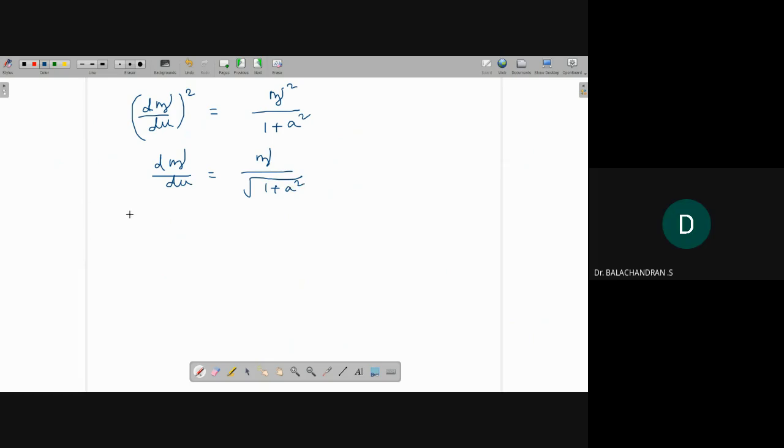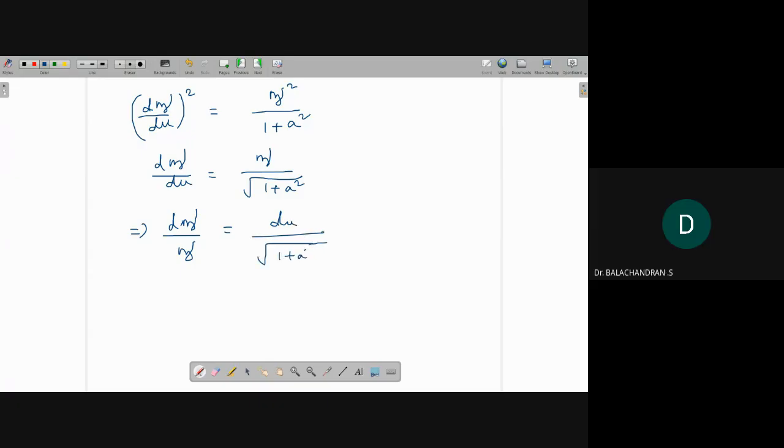Now you can write this as variable separable: z on one side and u on the other side, dz/z is equal to du by root of (1 + a²).